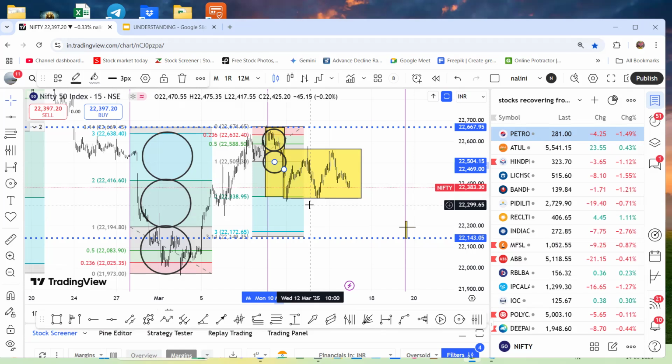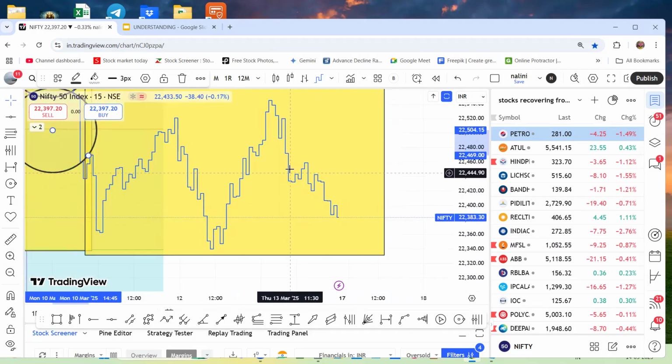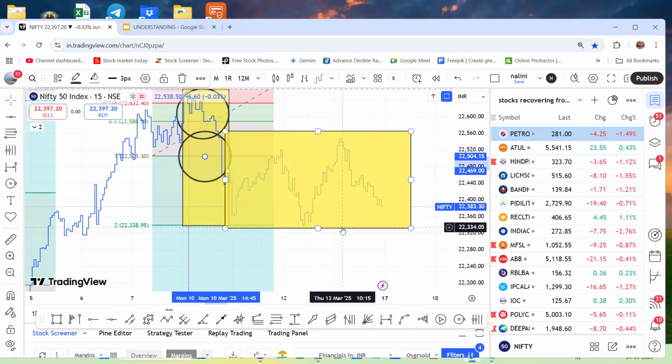And don't forget, you need to get a structure. You need to get a step up. Let me take this tool. It has to step up like this. If you don't get the step up, you are going to lose money.